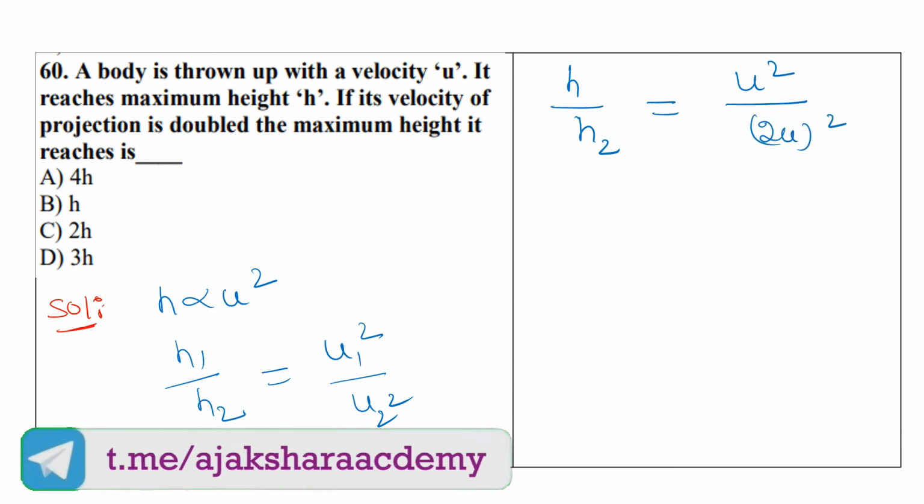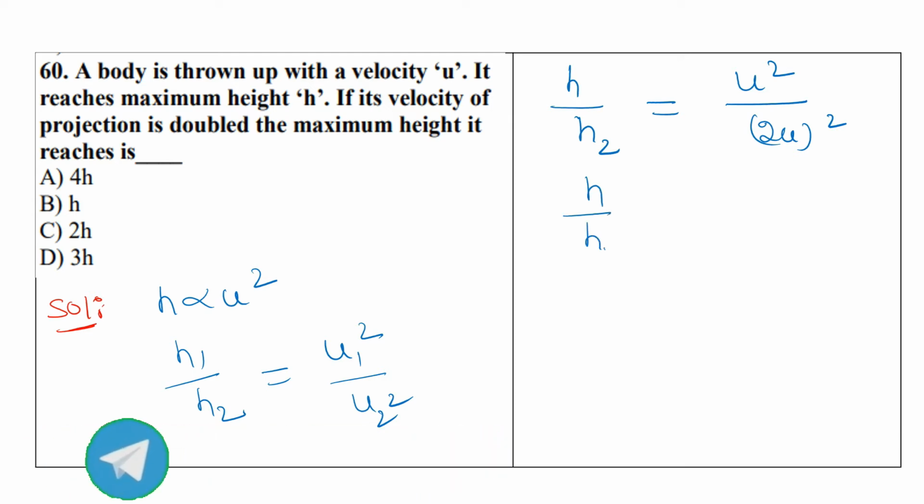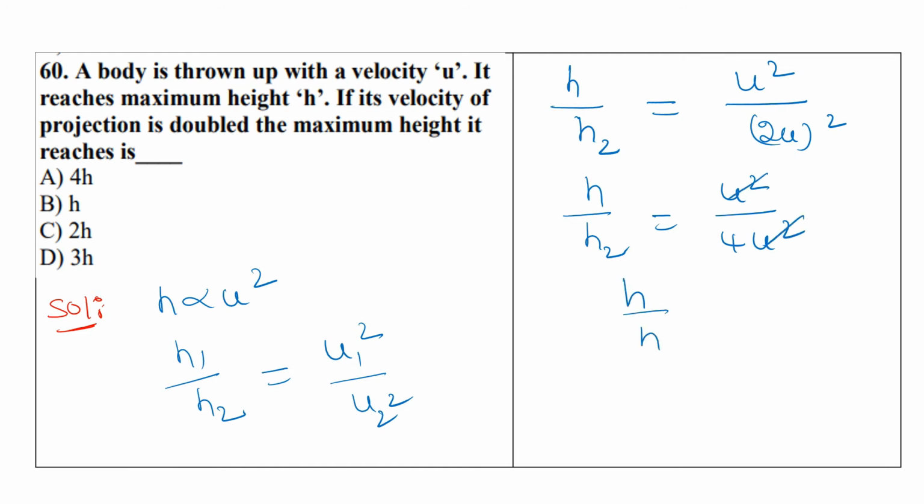So h by h2 equals u squared by 4u squared. u squared cancels. h by h2 equals 1 by 4. Taking cross multiplication, we get h2 equals 4h. Therefore, h2 equals 4h.